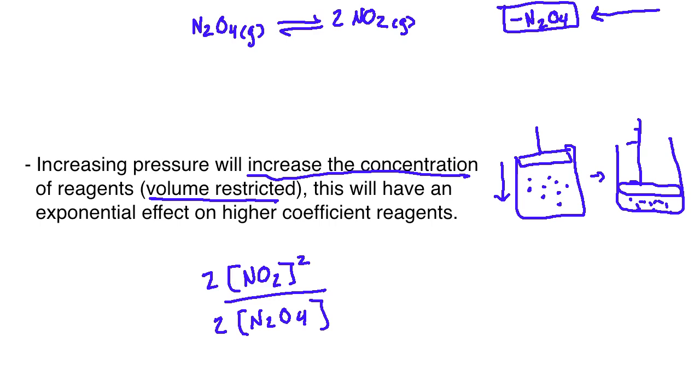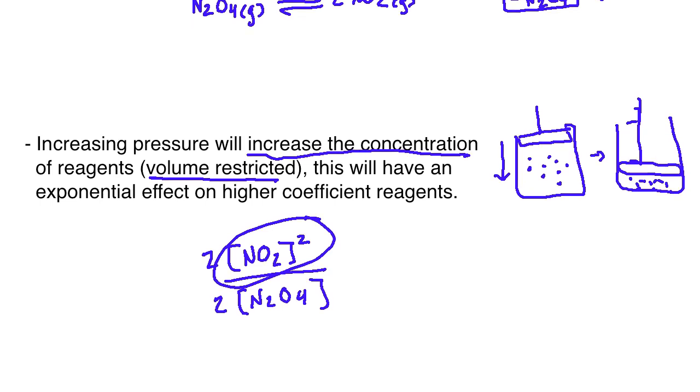Well, this becomes 2 squared, which is 4, whereas this just stays as 2, right? So what you have to keep in mind here is that there's going to be a larger effect on the concentration for those that have the exponential multipliers. So if the pressure is going to increase, it will increase concentration, and it's going to disproportionately increase this squared value because of that multiplier. So what would be the end case here?